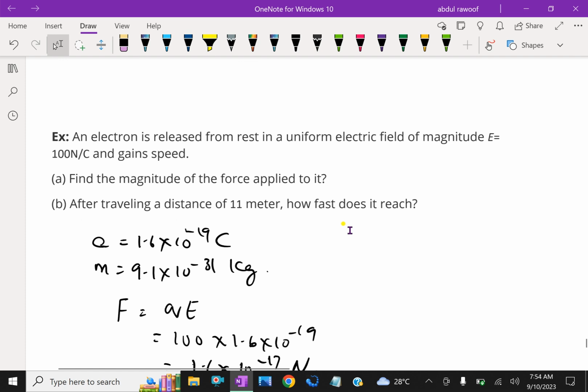The second part, after traveling a distance of 1 meter, how fast does it reach? That means this part is related to kinematics, that is a problem of kinematics. From rest means the initial velocity of the electron V0 is 0.